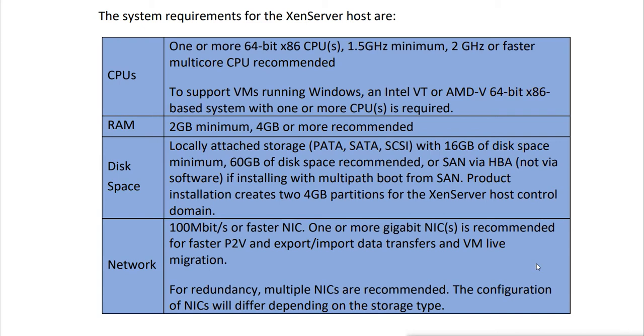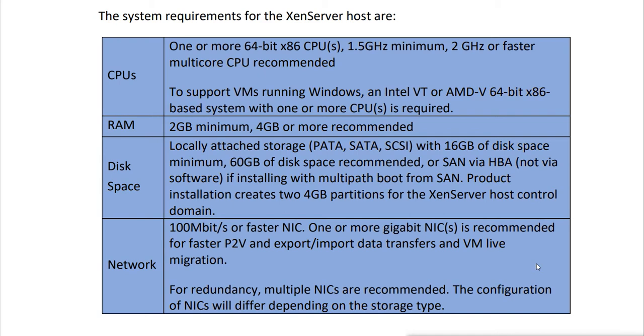To support virtual machines running Windows, an Intel VT or AMD-V 64-bit x86 based system with one or more CPUs is required. So if we want to run Windows based virtual machines, virtual guests, then we require the Intel VT or AMD-V supported features in our CPU at least.